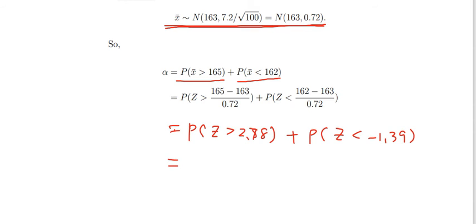Now we can check the Z table to find this probability, for 2.78 and negative 1.39.